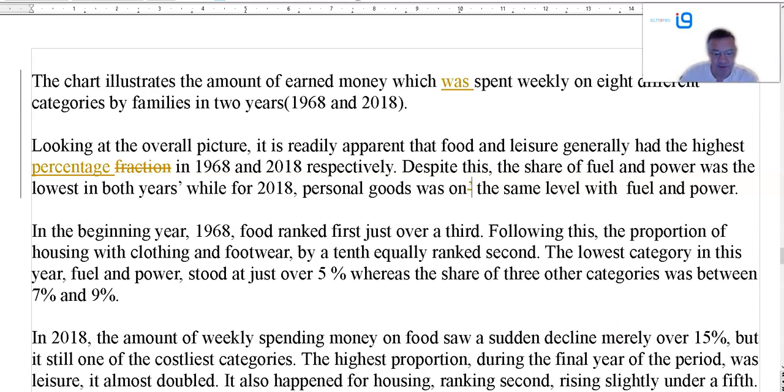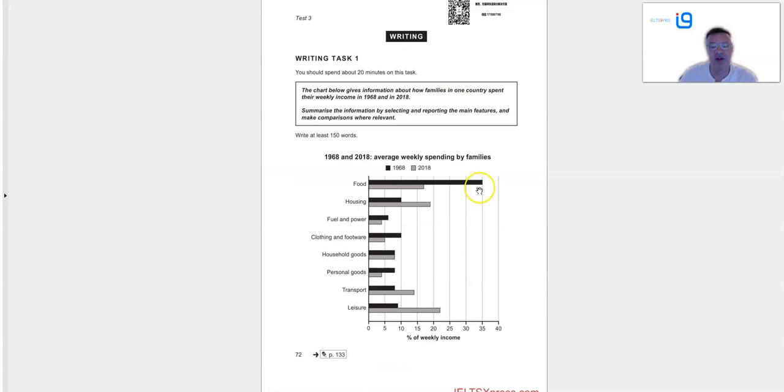I mean, we can see the biggest expenditure in 1968 was food, and the lowest was on fuel and power. Biggest and smallest. In 2018, biggest was on leisure, and the smallest was on fuel and power.